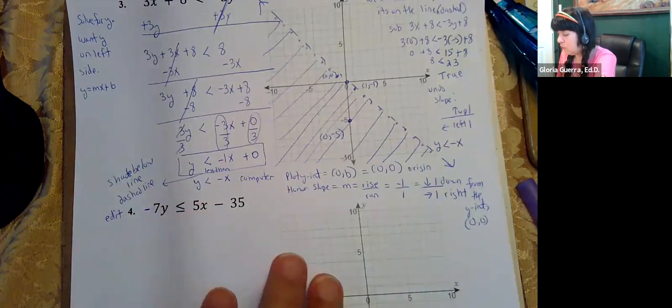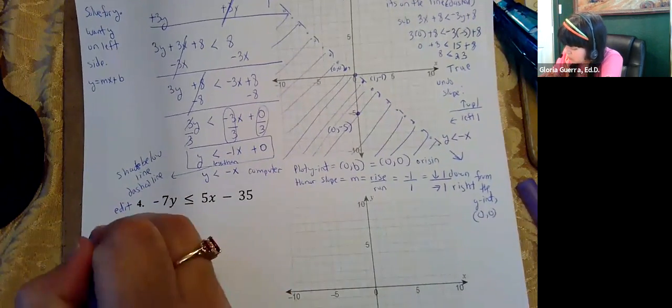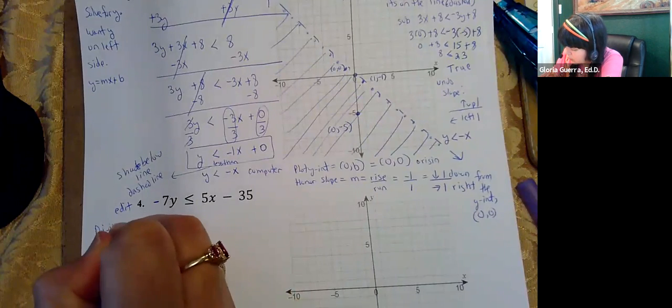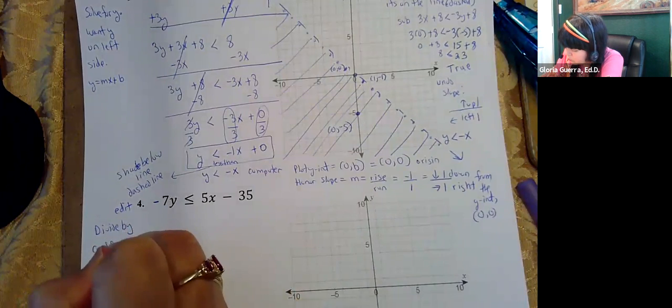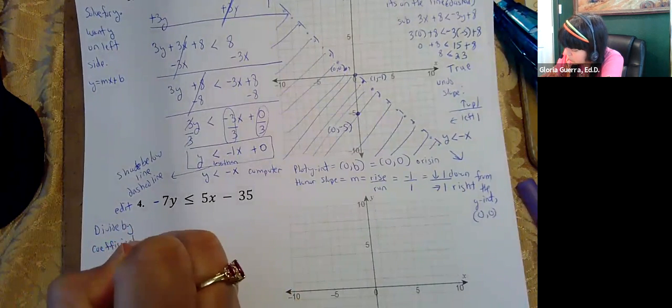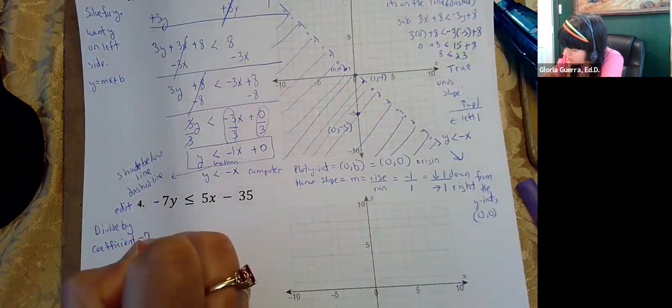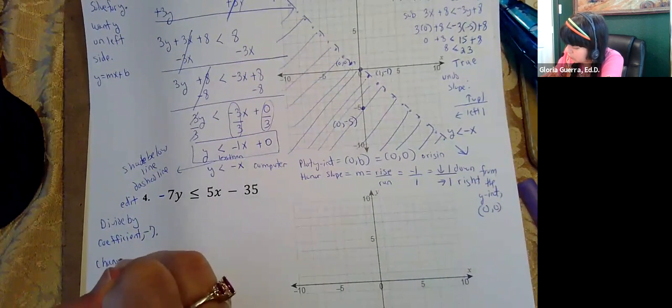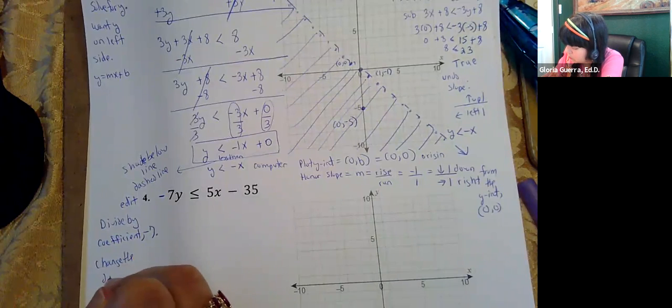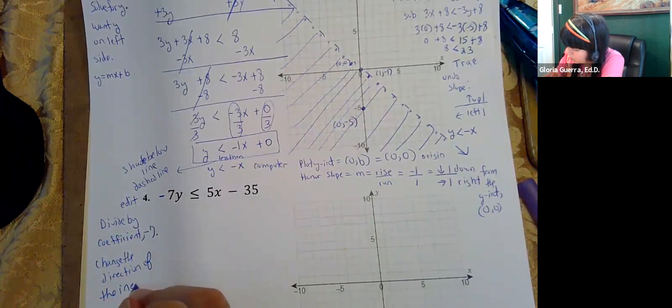So let's do that. To solve this for y, all we have to do is divide by the coefficient, and we changed it to a -7. And then you also want to make sure that you change the direction of the inequality.